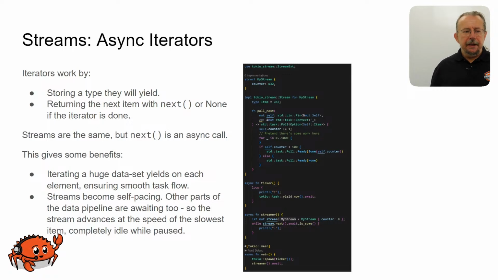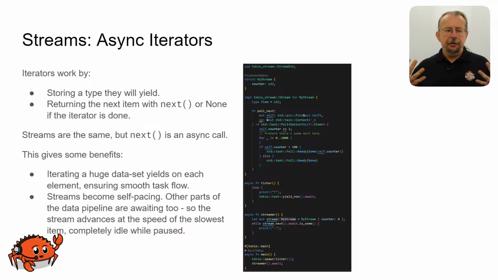But you can use this just like an iterator, except you're in an async context. So when you go to next, you have to await, and so you can use while let, or you can use a loop through it. You can treat it like an iterator, but because it awaits every time, you are guaranteed to be yielding all the time.